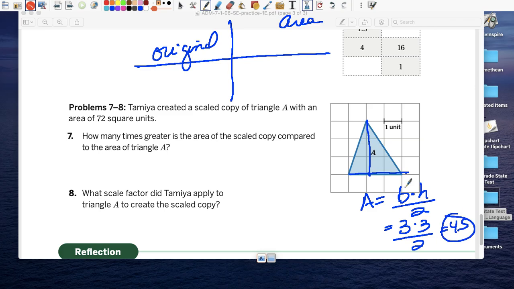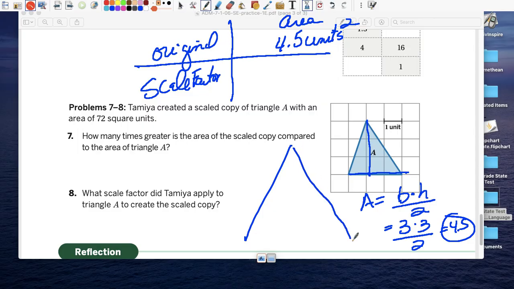So the original area is 4.5 units squared. Somebody took this, took a scale factor of, we don't know yet, right? Increased it, made a big triangle. And the area of the scaled copy of this one is now 72 square units.